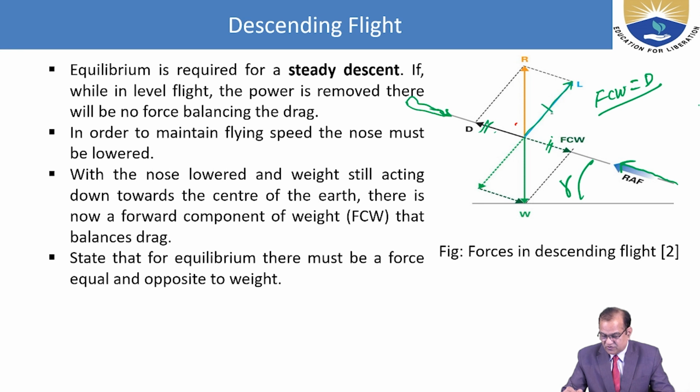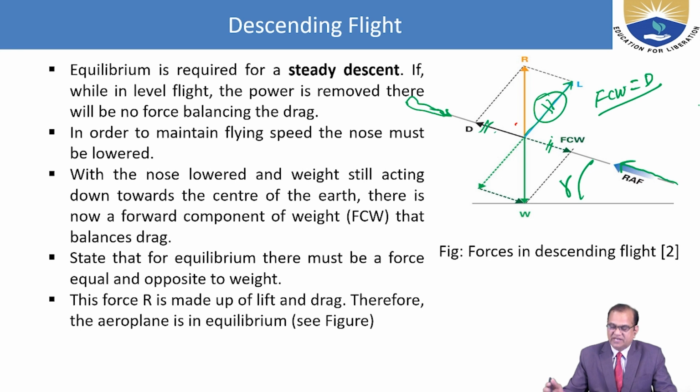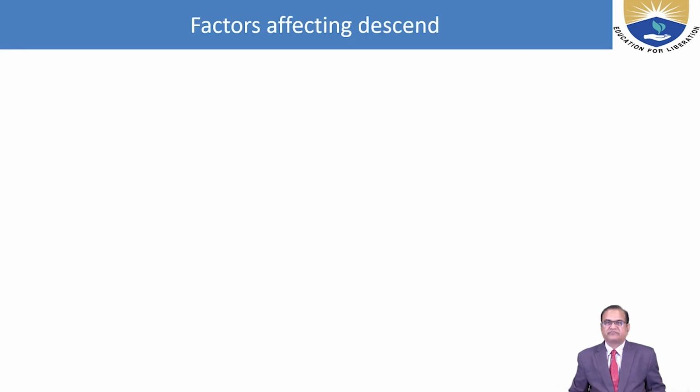So how much lift is required for this, we can calculate. At equilibrium, the force must be equal and opposite to the weight. This force R here is made of lift and the drag. Therefore, the airplane is in equilibrium. So you can see the figure here.